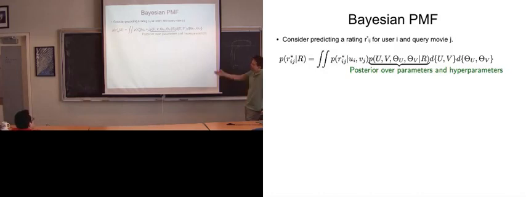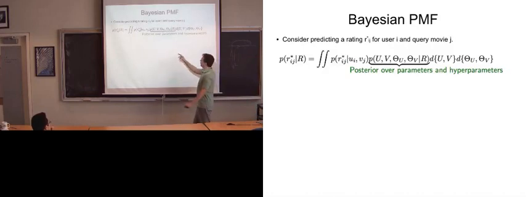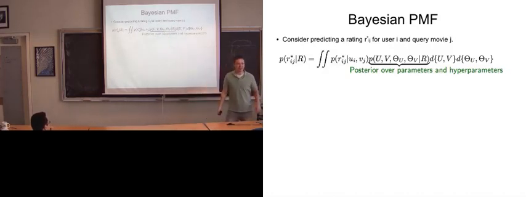Imagine you have 1 million users and 1 million movies, and 30 latent dimensions. So you roughly have 30 million parameters, and I'm basically telling you to integrate over a 30 million dimensional space. Well, that seems kind of hard.